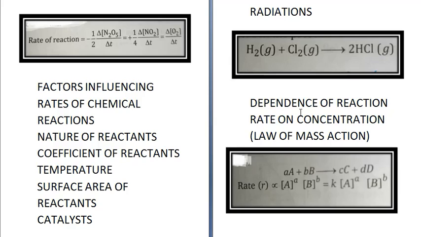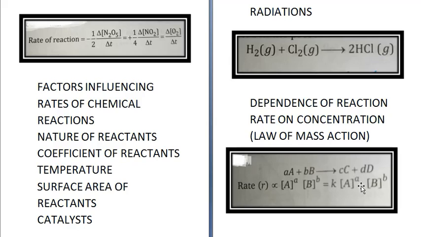For example, suppose there is an equation like this: aA plus bB gives you cC plus dD. So the rate of reaction will be directly proportional to concentration of A to the power a, B to the power b, or instead of the proportionality sign, you can put a K over here. So rate equals K, the proportionality constant, times [A] to the power a, [B] to the power b.